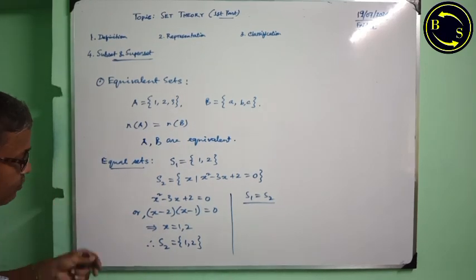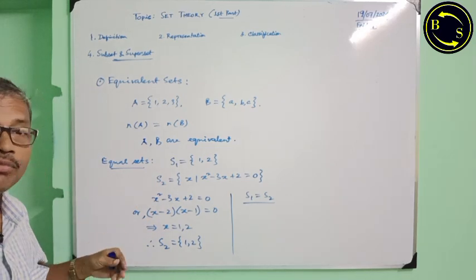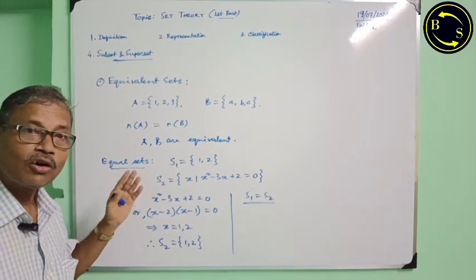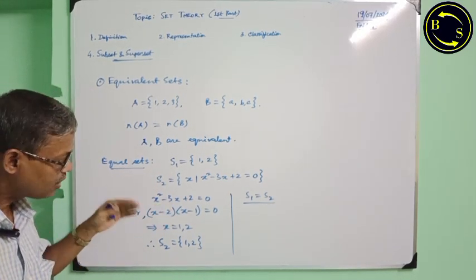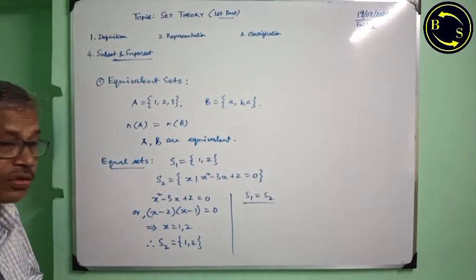Now, what we find is that in the case of equal sets, the sets have equal or the same cardinal numbers, as well as equal or the same members.